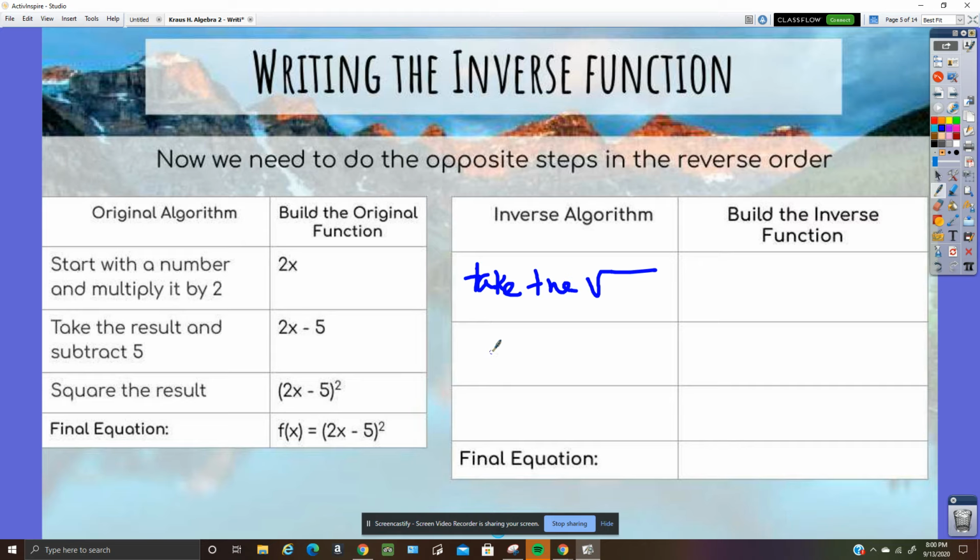And then take the result, and then add 5. And then take the result again and divide by 2.